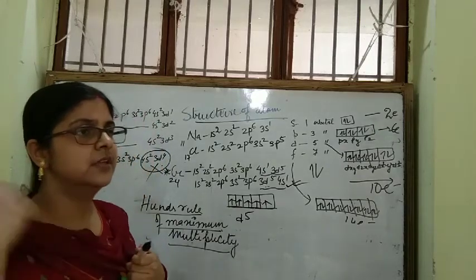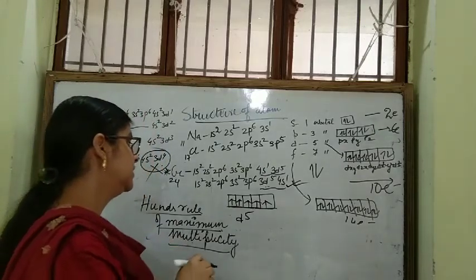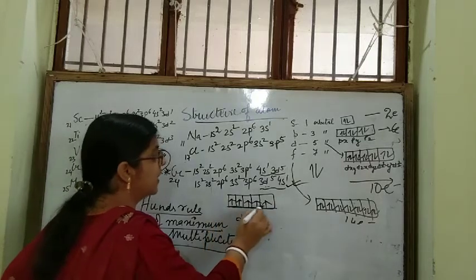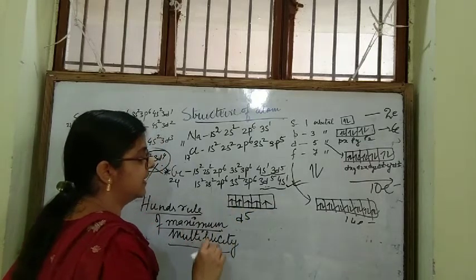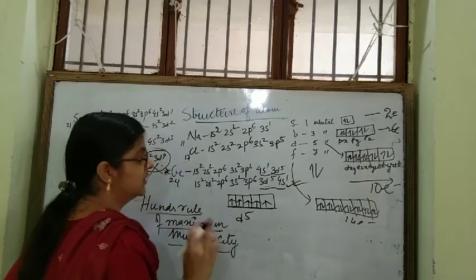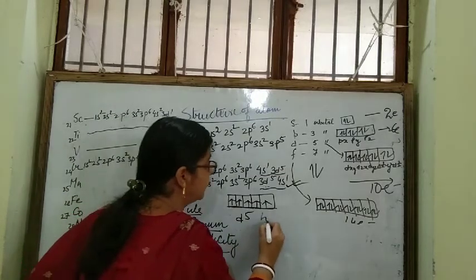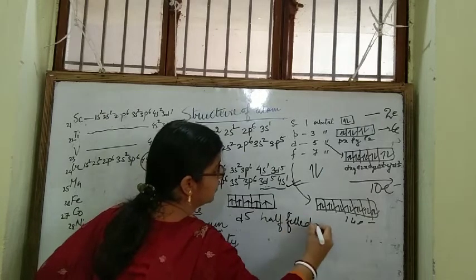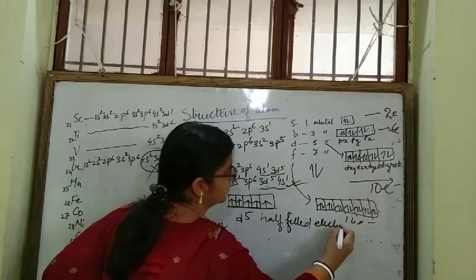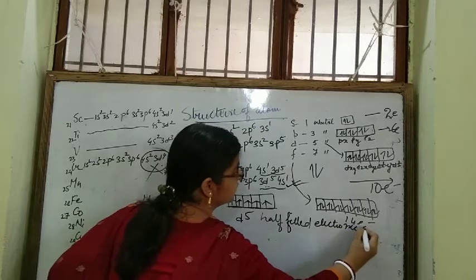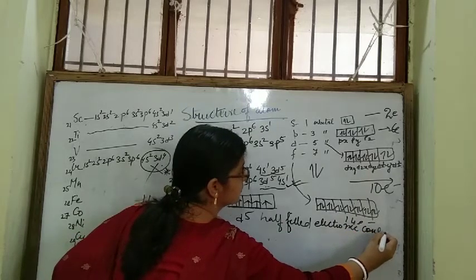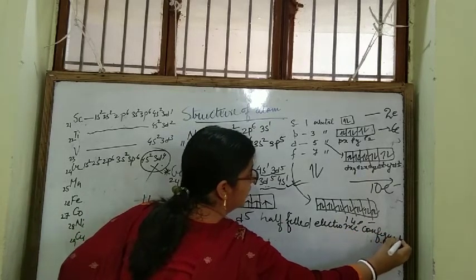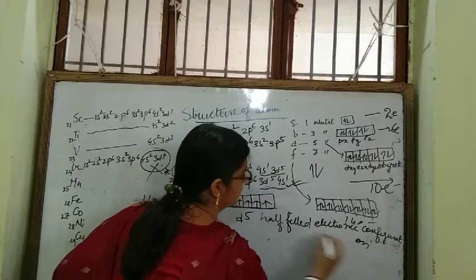Now you see, if all the orbitals of a subshell contain one electron, then it is said to be a half-filled electronic configuration.